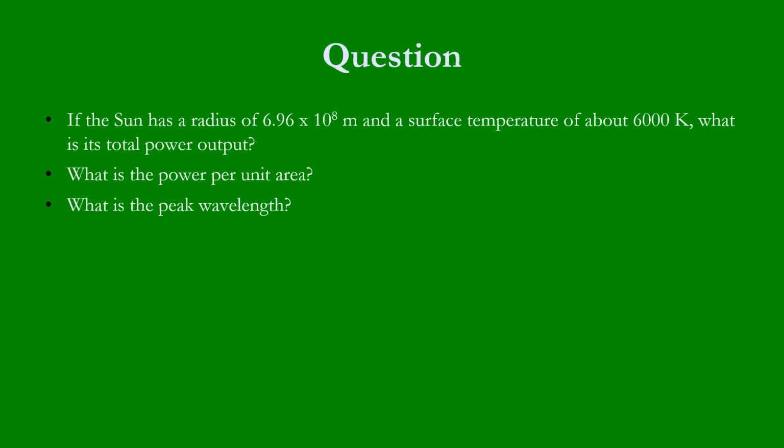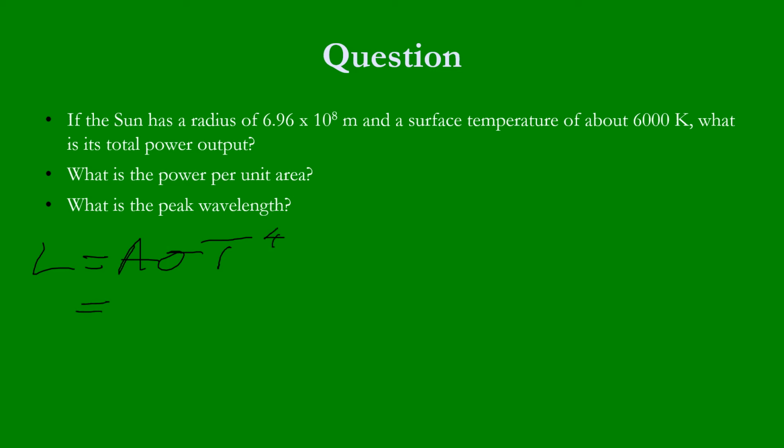So going through this, we want to find the power output for the sun, and we're given the radius, we're given the temperature, so we're using Stefan's law, and L is equal to the area times Stefan's constant, which is given to you on your formula sheet, T to the 4.